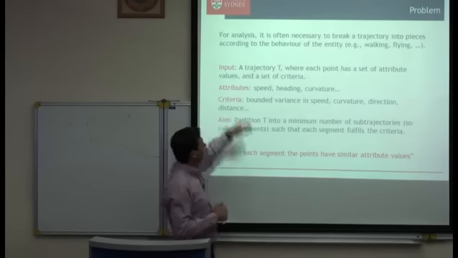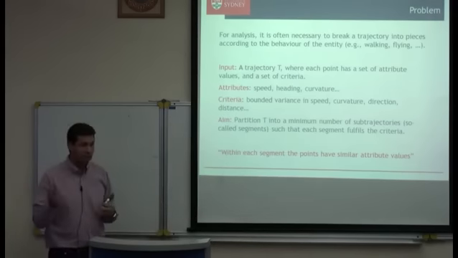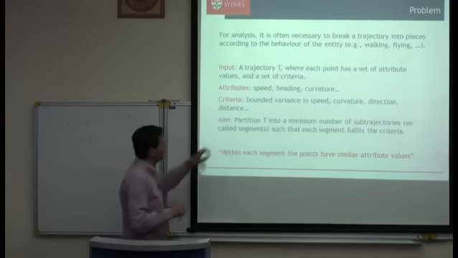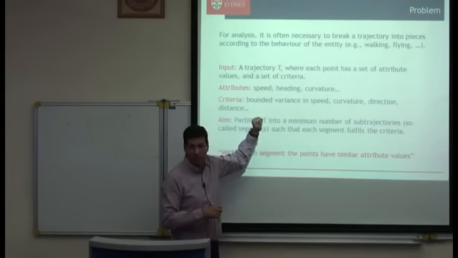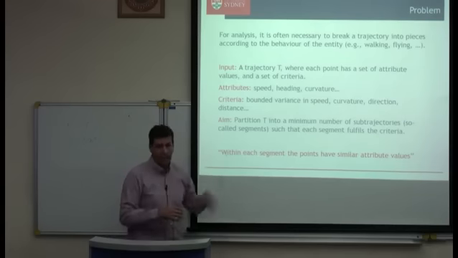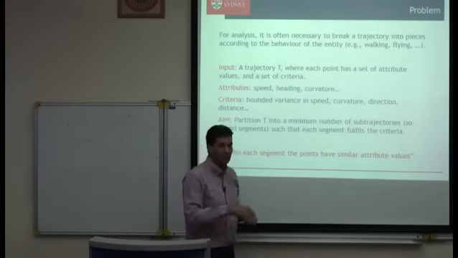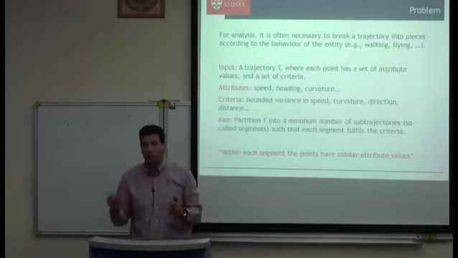Okay, so what we get is a trajectory T, where each point has a set of attribute values. And then we also get a set of criteria. These attributes could be anything, but let's say it could be, for example, the speed, the heading, the curvature at that point.